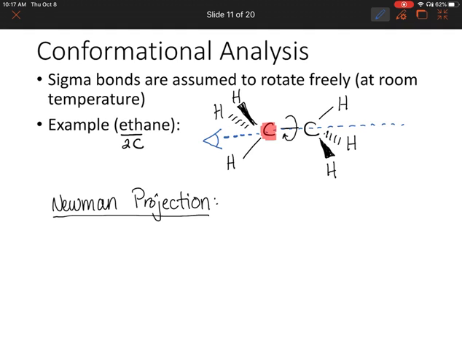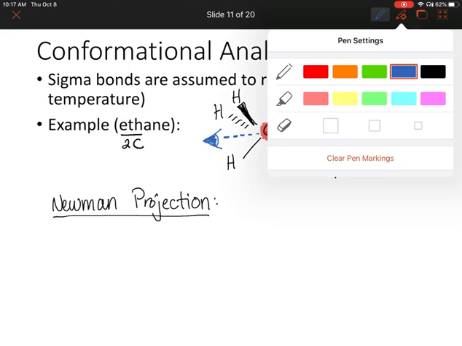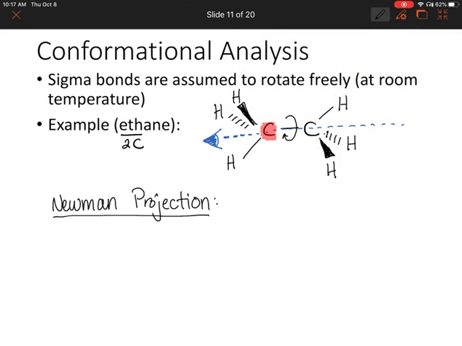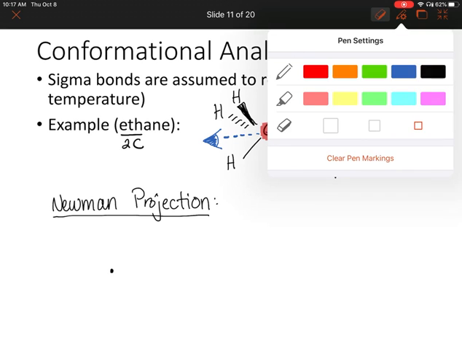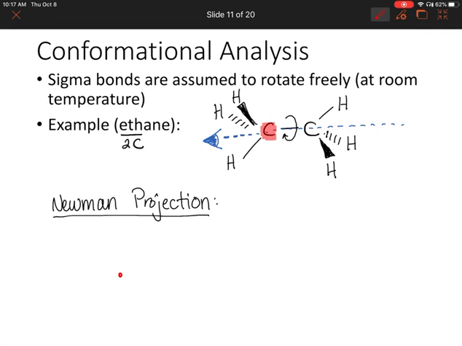And I just drew a little eyeball here. That's supposed to be an eyeball. It doesn't really look like an eyeball, but that's okay. All right, so if we're looking at this from the side or the edge, let me use a red pen here so we can keep track of which carbon we're referring to.